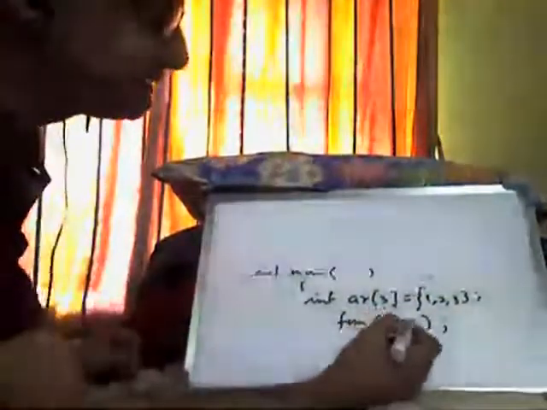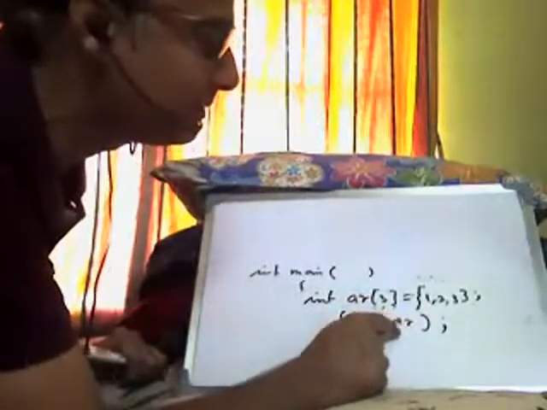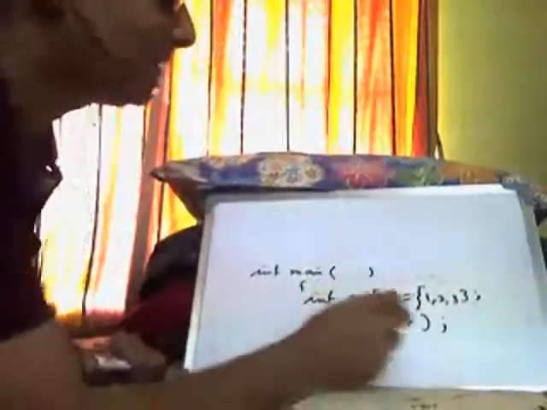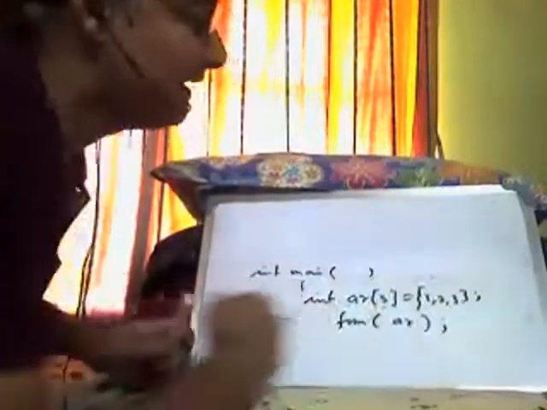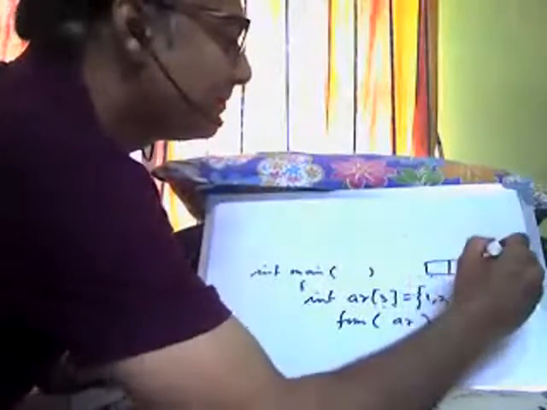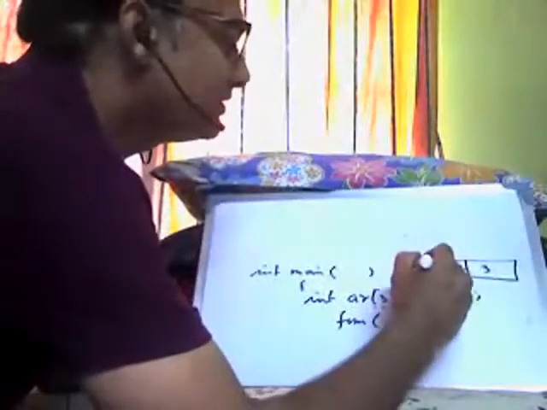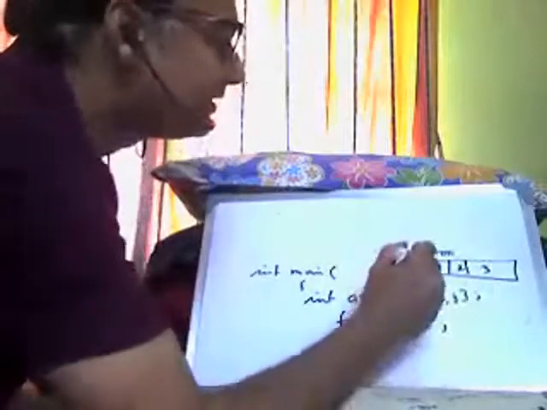What is this? All of you know that array[3] means an array, but the array name is basically a pointer that gives you the base, the starting address of the array. That means 1, 2, 3 are stored here. If the address is 1000, then the array name means the starting address, and this one will be stored here.